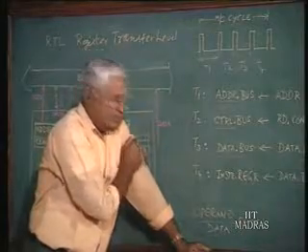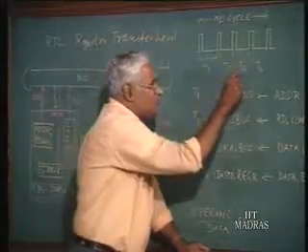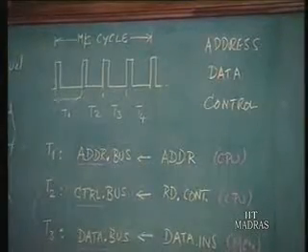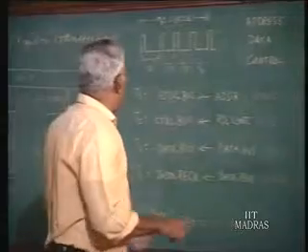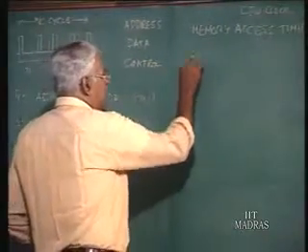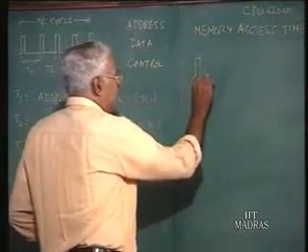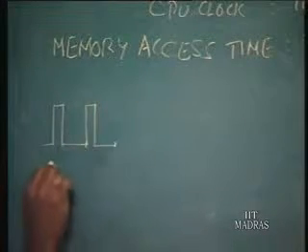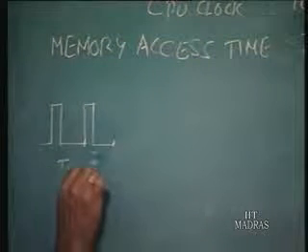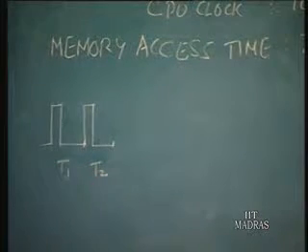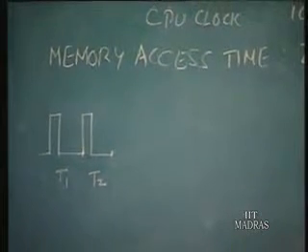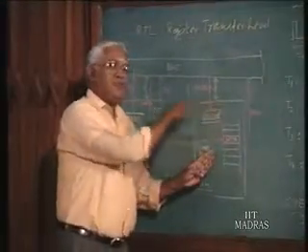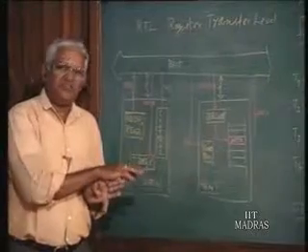What can be done? Obviously in the next state T3, the memory cannot be ready. So we have to introduce an extra state called a wait state. In other words, we will have T1, then T2, and then we have to see that the memory will have to indicate to the processor that it is not fast enough.